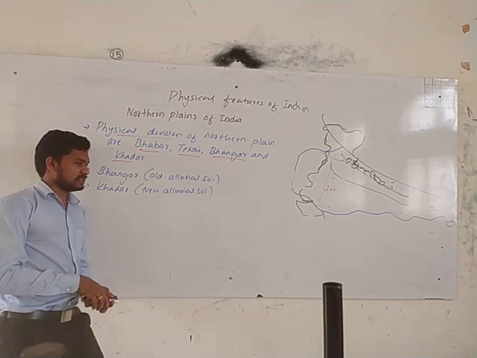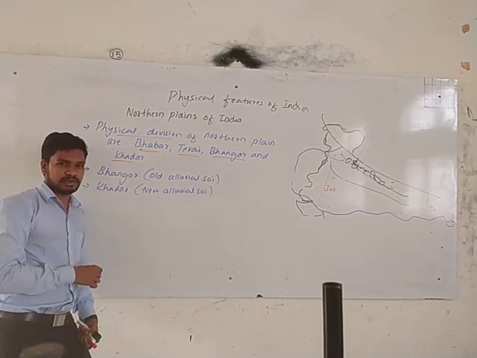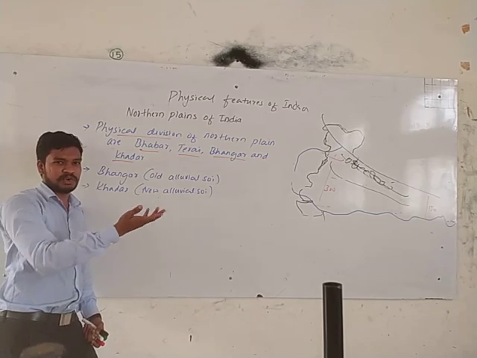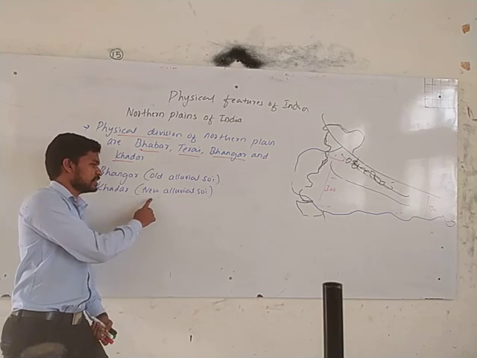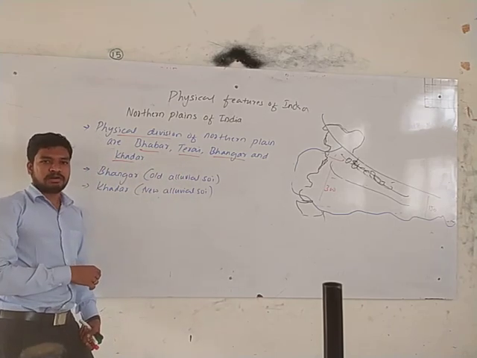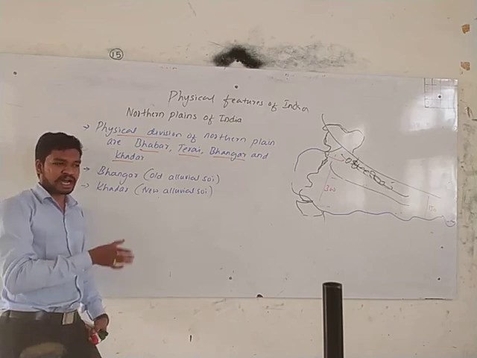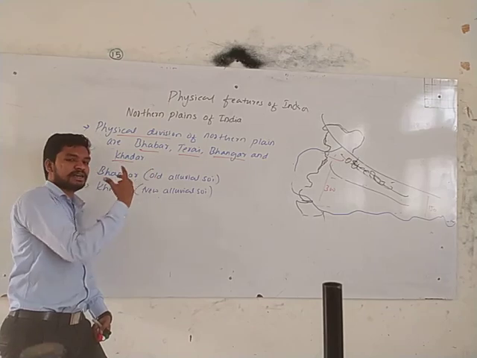Bangar, you can remember like this: Bangara in Kannada means gold. Old is gold, isn't it? Bangar is old alluvial soil. Khadar is new alluvial soil. This Bangar will have a greater proportion of kankar in it, like kankar nodules.